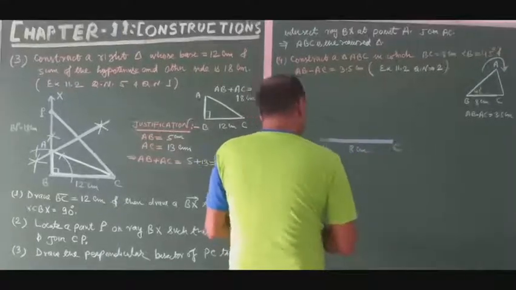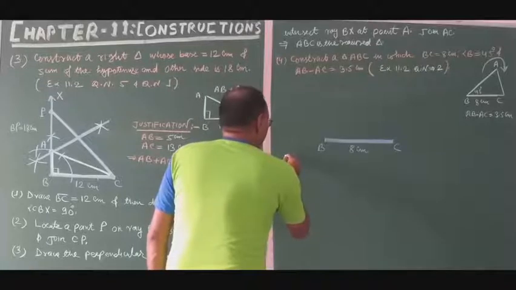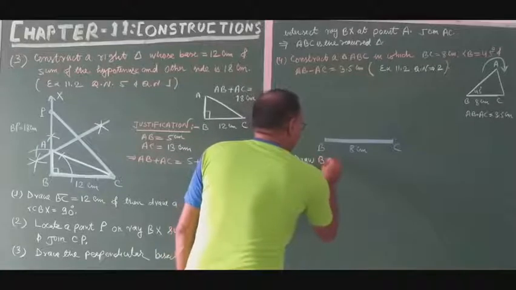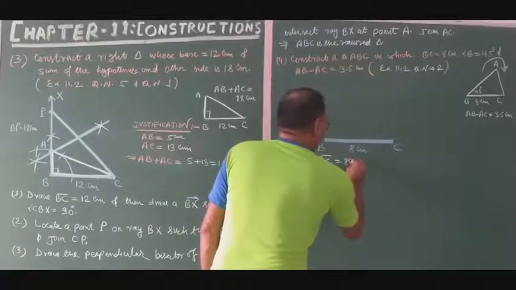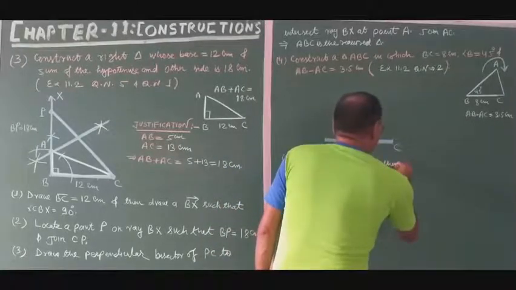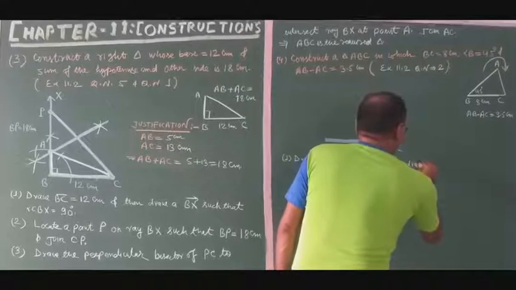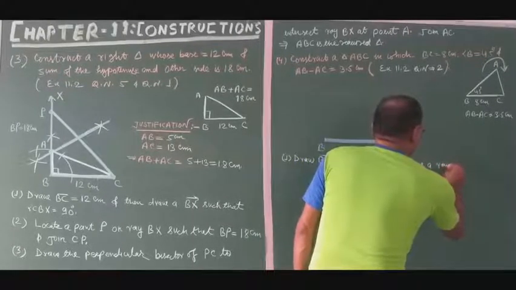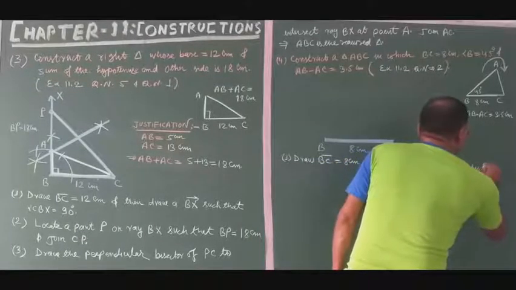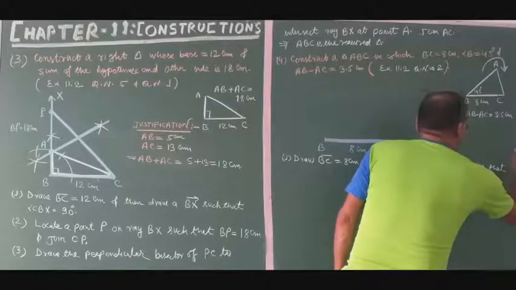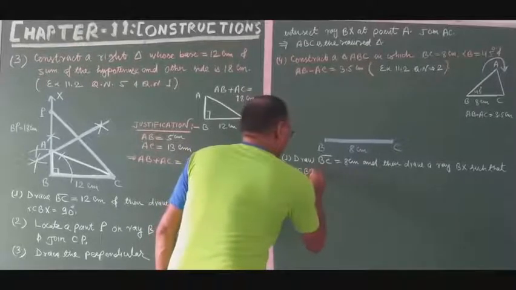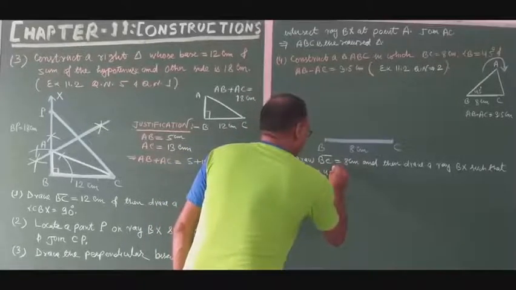Okay. Draw line segment BC equal to 8 centimeter and then draw a ray, which one? BX, such that angle CBX is equal to 45 degree.